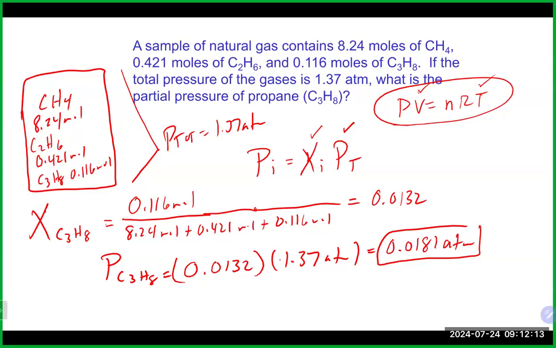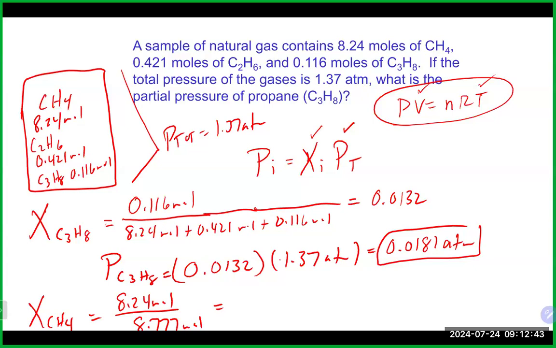Now, again, you could do this for the other gases as well. You could just calculate the mole fraction for your other gases that are present and use the total pressure as well. So, for example, if we did our methane, it would be the mole fraction for methane, which would be 8.24 moles divided by 8.777, which is the total moles.